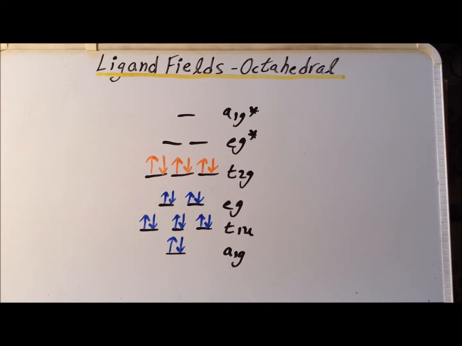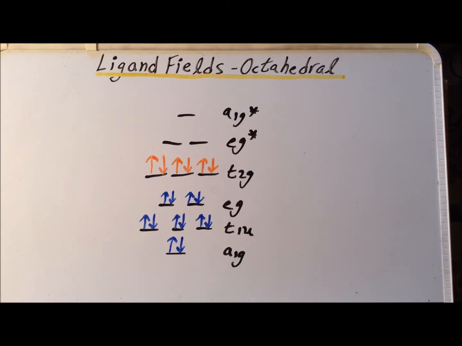So in the case of chromium, we have 6 such electrons, which are sufficient to fill up completely the T2g level. Now we notice it's kind of a coincidence that we can fill up all the bonding orbitals with the electrons that we got from the ligands, and we can fill up the T2g, the non-bonding level, with the electrons that were in the valence shell of the metal.